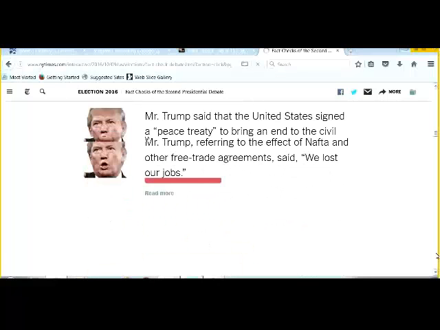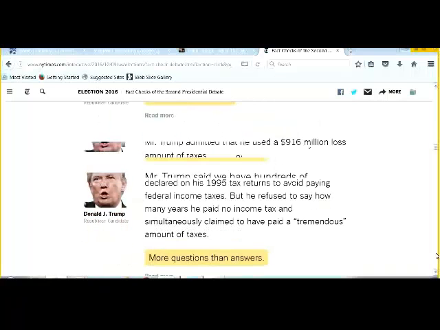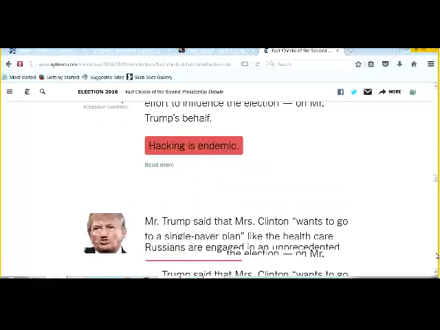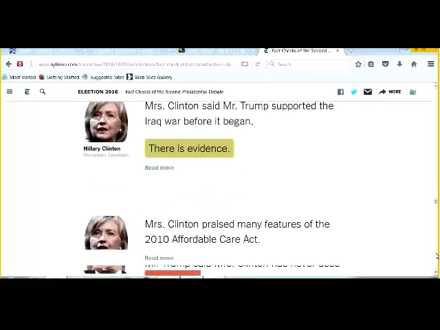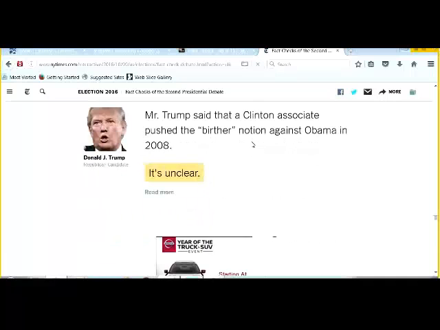Trump, false. Trump, false. Trump, false. Trump, false. Trump, mostly false. Mostly false. False, false. Hillary, false. Trump, false, false, false, false. Hillary, true, true. Trump, false, true. Okay. The bottom line is he lies so much that you can't even keep up. She mentioned that last night. She said, just go to my website and you'll find out all the things he said that are wrong.